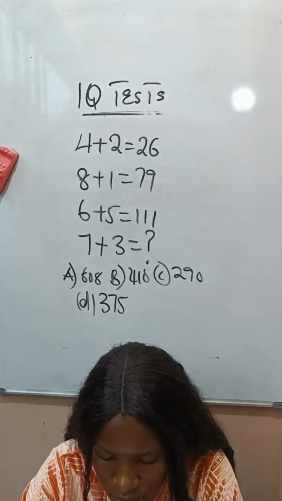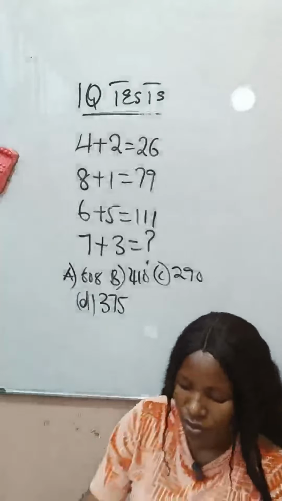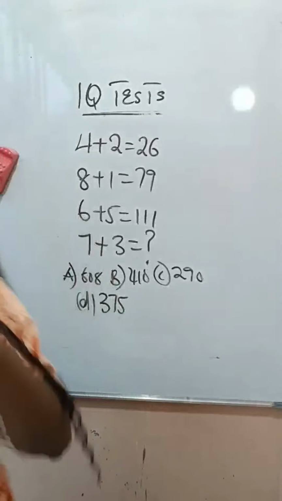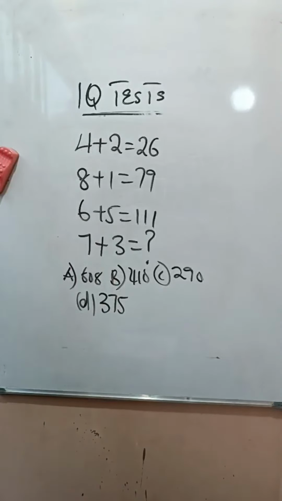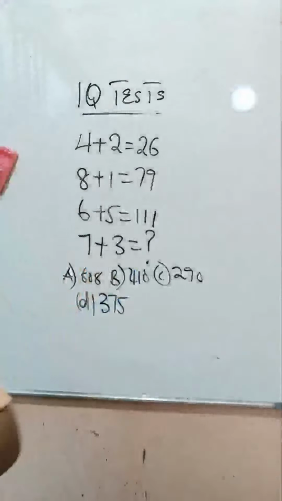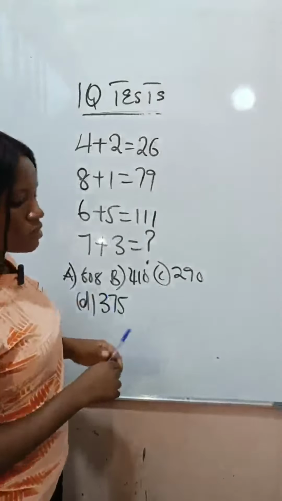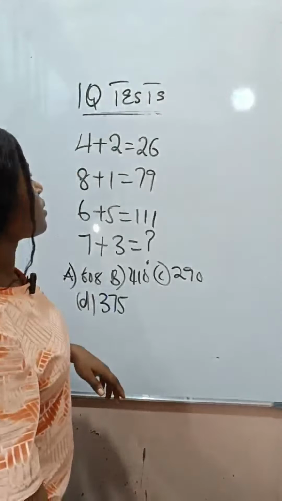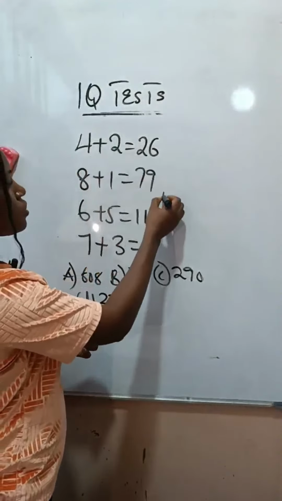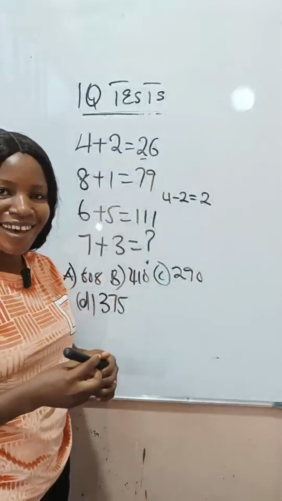Let us do this. Now, when you look at this, you are going to notice something: 4 minus 2 is equal to 2, and that is the first number you are seeing here.